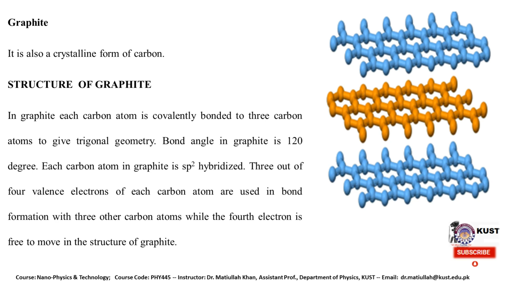In this case, the bond angle is 120 degrees, and the carbon atom in graphite is sp2 hybridized. So 3 out of 4 valence electrons of each atom are used in bond formation with other carbon atoms, while the 4th electron is free to move in the structure of graphite.